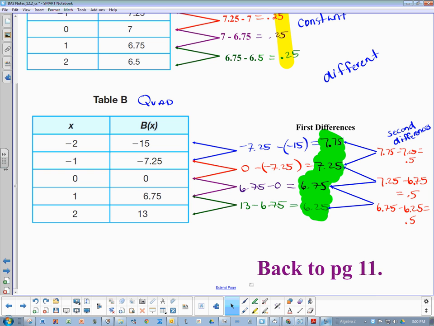All right. What are we going to take away from this? That if you have a quadratic, the first differences are going to be different. The second differences are going to be constant. They're all the same number. That's one way to tell whether a function from a table is linear or quadratic.